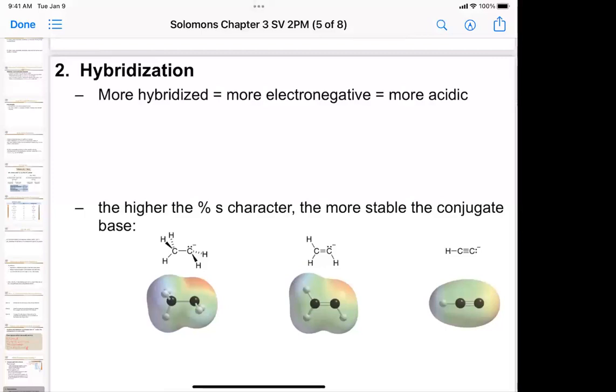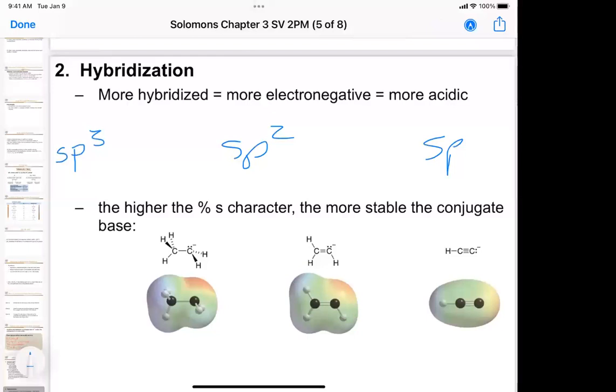So if we go to sp3, and then we look at sp2 and sp, those are the 3 hybridizations we have on carbon, right? In the case of the sp3, we have one s orbital, and it's the small round one, right? The small round one is closest to the nucleus. And so it's going to hold things better with that s orbital. In the sp3, we have one s orbital spread out over 4 equal orbitals. So it's 25% s.